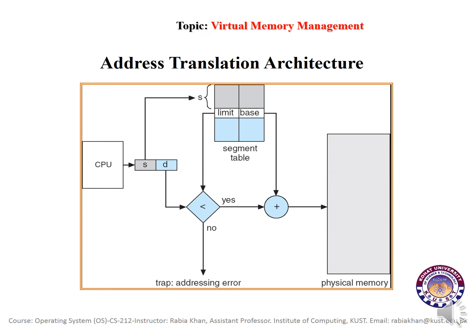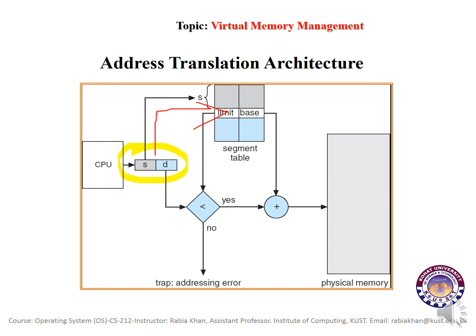The diagrammatic representation of the translation process is now in front of you. The CPU generates the logical address. Here is the logical address consisting of segment number and offset within the segment. The segment number is indexed with the segment table to obtain the starting physical address of that segment along with its size.